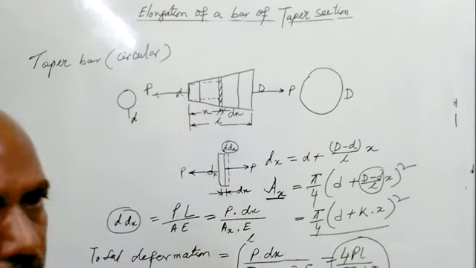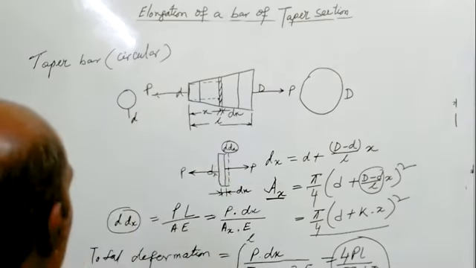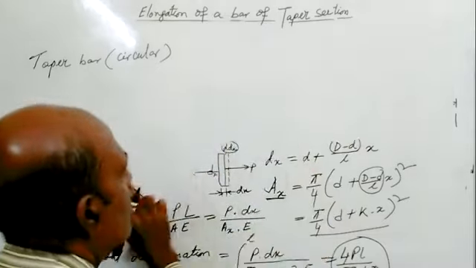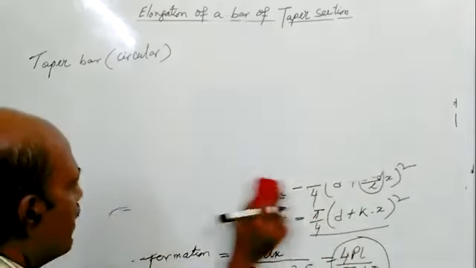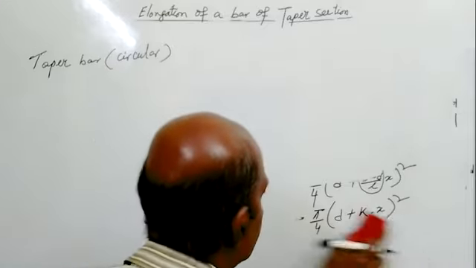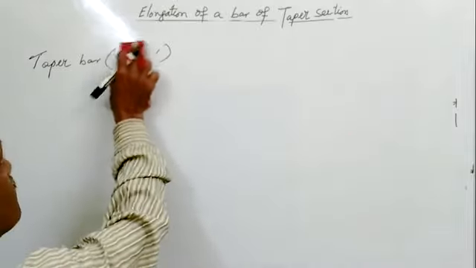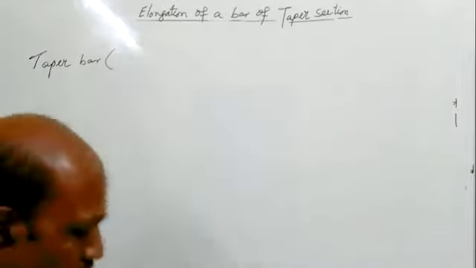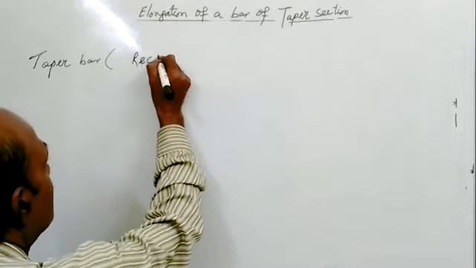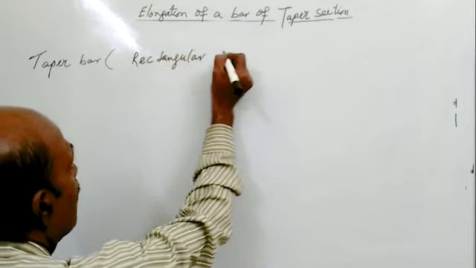So this is the case of a taper bar of circular cross section. Now we will see another taper bar, that is, a taper bar of rectangular cross section.